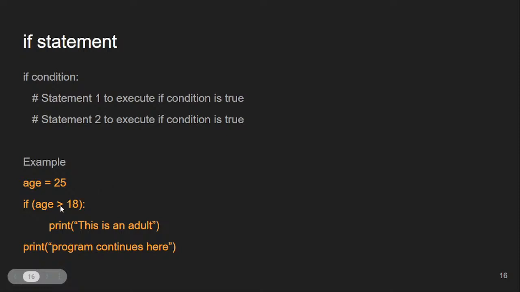Then try reversing this condition, use the less than, and see whether you will still get this line or not. Then you can add other lines inside this if block to see what you get as well. Try all of that and more in your labs tomorrow.